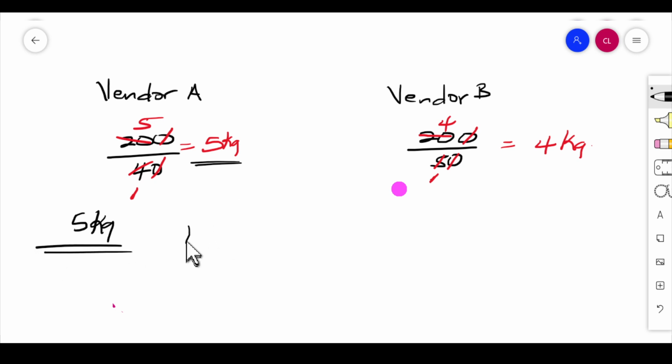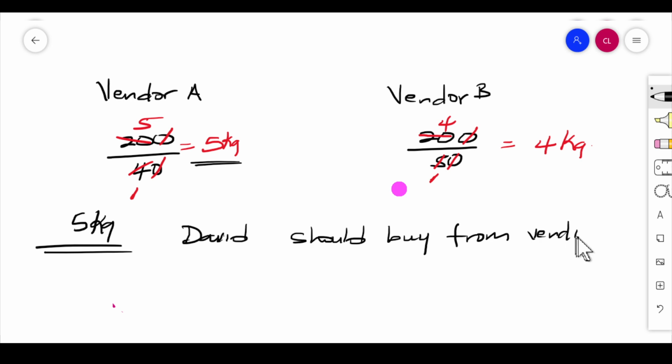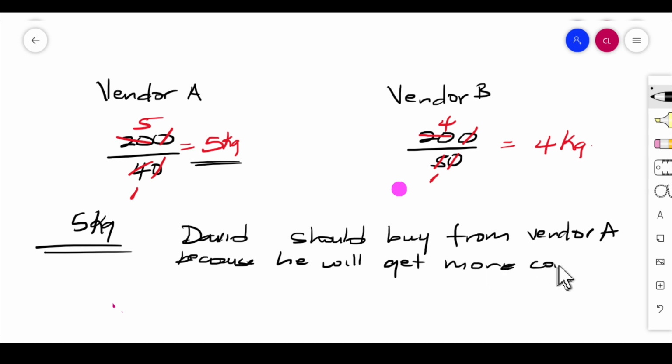So David should buy from vendor A because he will get more carrots for his money, right?